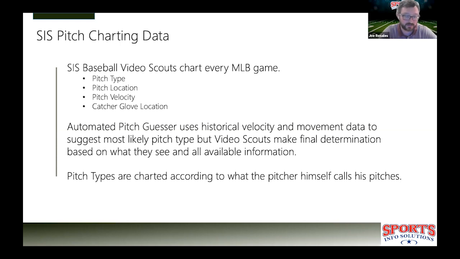The pitch guesser can suggest a pitch type to help out the video scouts, but ultimately it's the video scouts making that determination, based on what they see on the pitch and other information, such as whether they can see the catcher's signs.